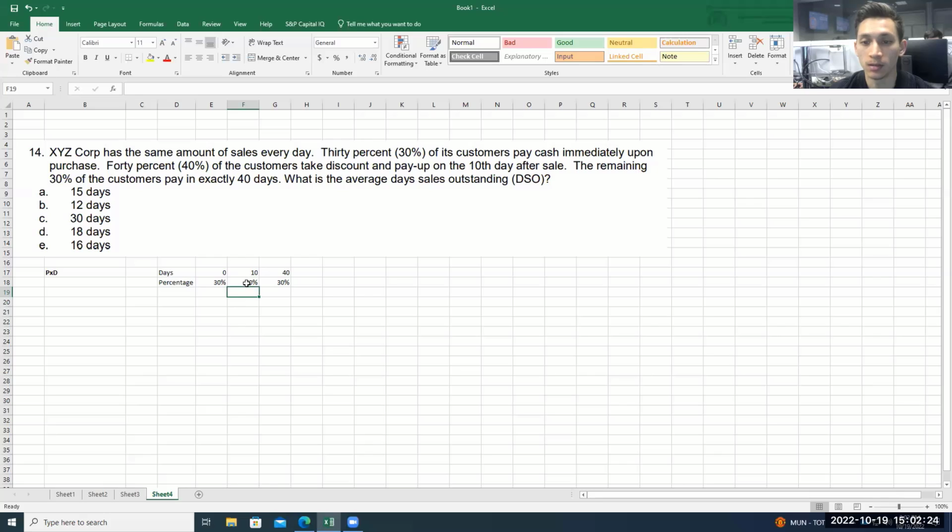So we need to go ahead and weigh each of these different categories to be able to sum it and take the average of it. So if we just multiply these to weigh it out, 0 days times 30% is going to return 0. We don't have to wait a single day to get that payment. It pays immediately.